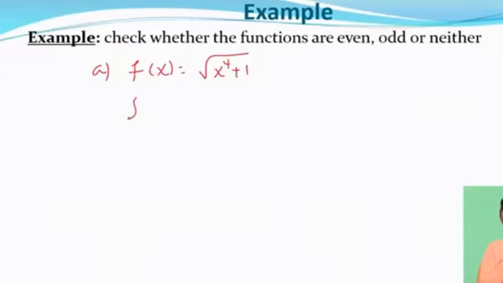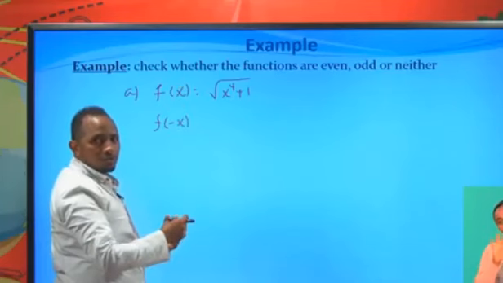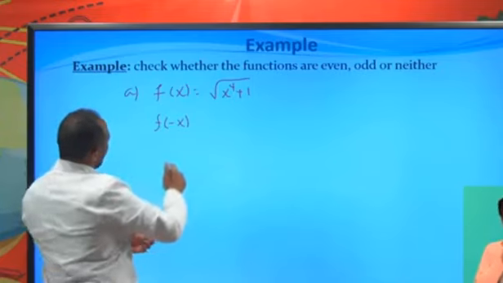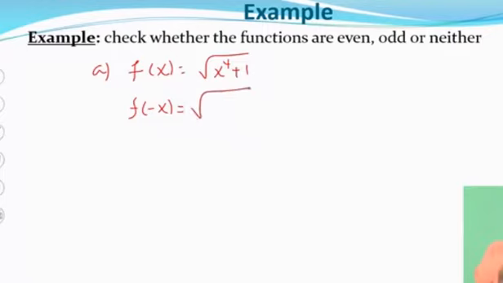first, let's determine f of negative x and compare with f of x. If they are equal, even. If they are opposite, it's odd, using the expression previously expressed. So here, f of negative x is equal to the square root of negative x to the power of 4 plus 1. So this gives you the square root of x to the power of 4 plus 1.